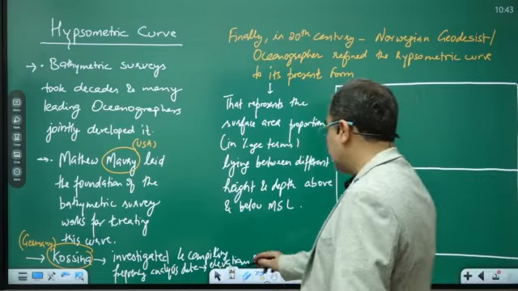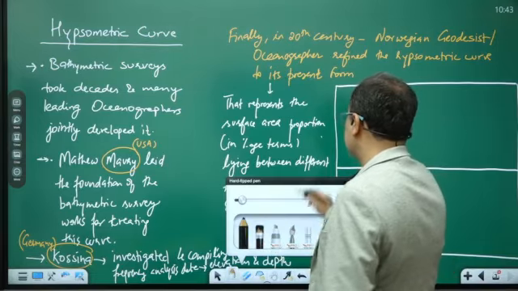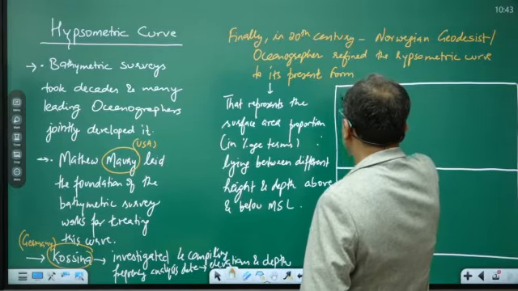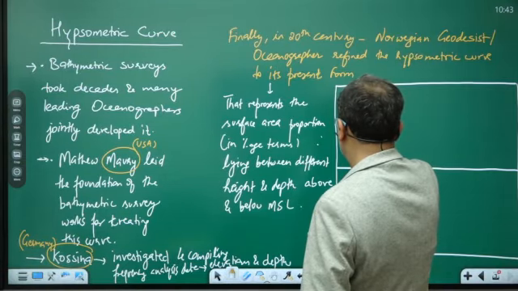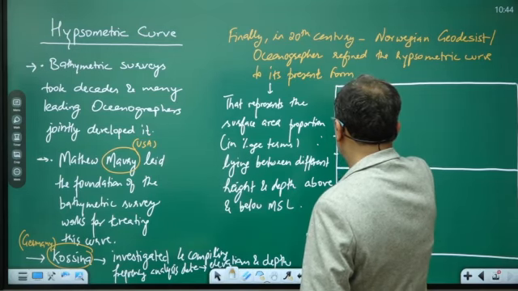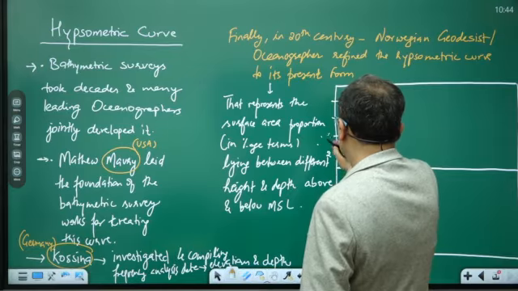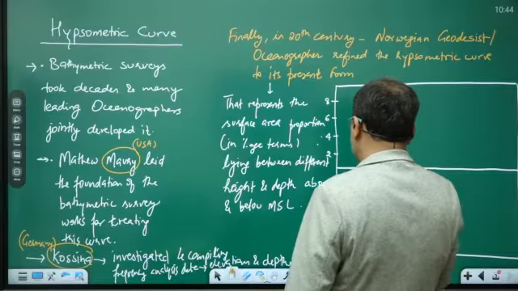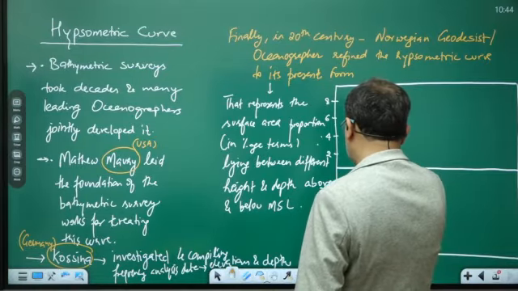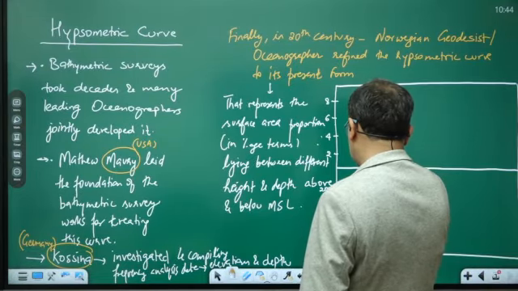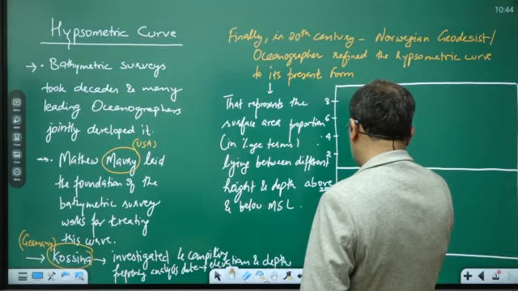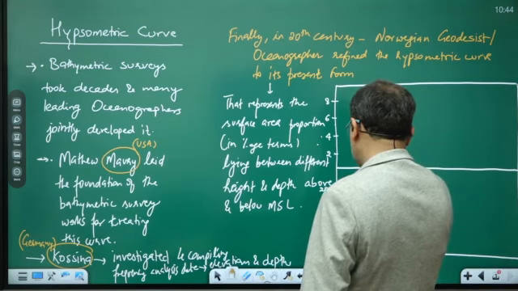This is in the middle. Then I will make my markings over here. Two kilometers, 4 kilometers, 6 kilometers, 8. Similarly, I will have 2000, 4000, 6000, 8000 meters.